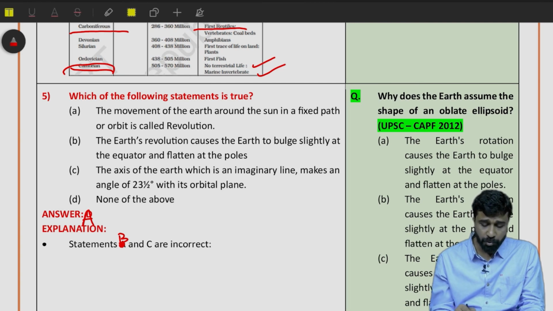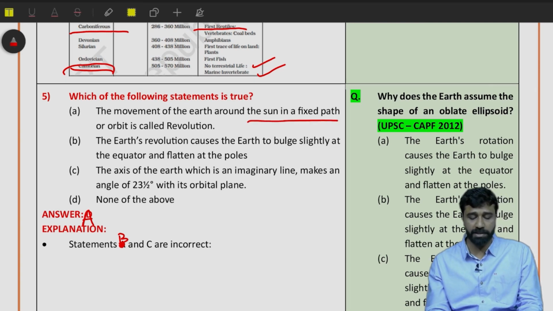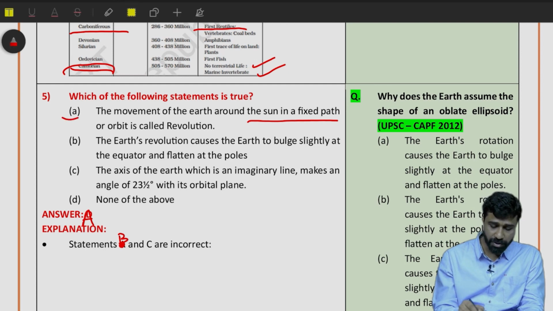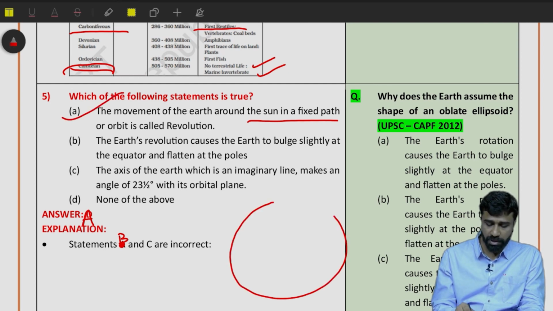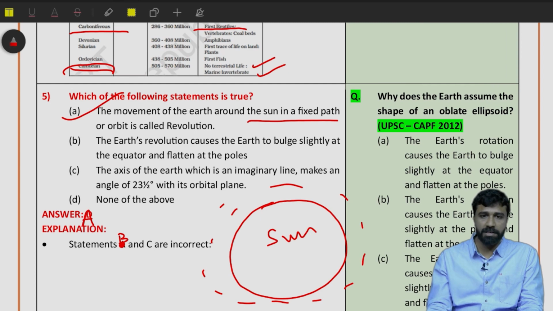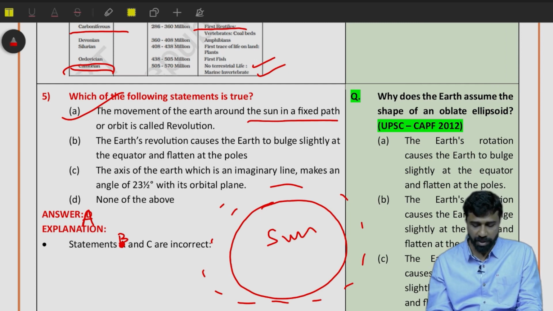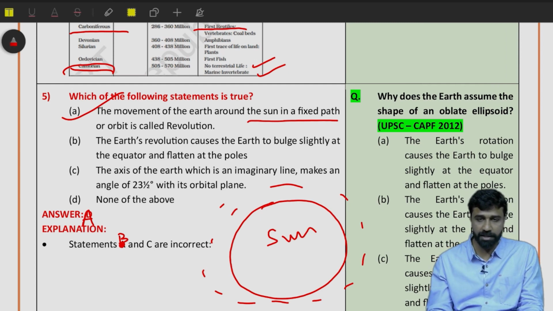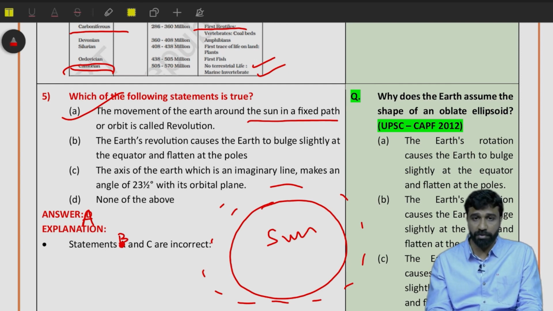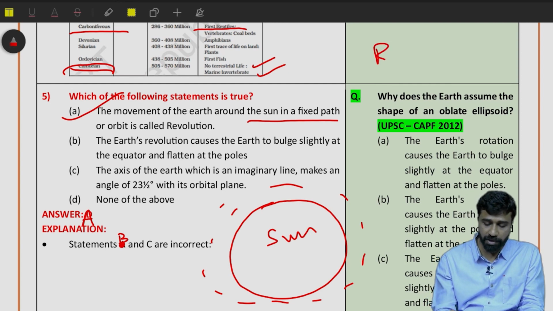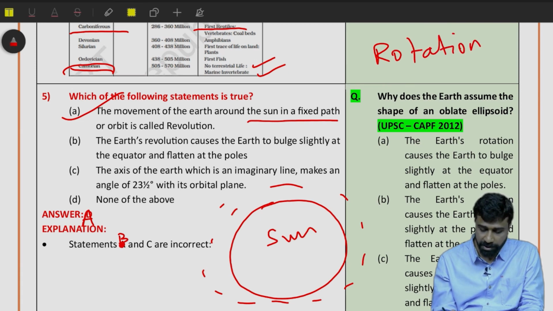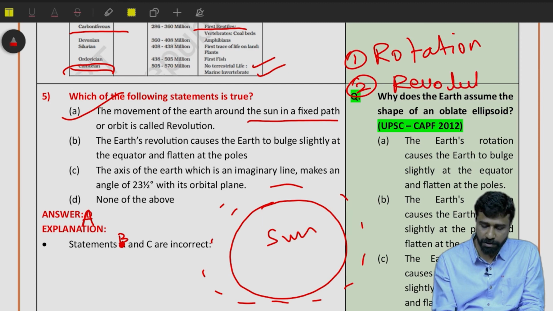Next, the movement of the earth around the sun in a fixed path or orbit is called revolution. That is true. The revolution around the sun is causing many changes in the earth's climate system, because you have to know the impact of the 360 degrees rotation concept, and this concept of revolution, rotation, and the third aspect, the axial tilt of the earth.